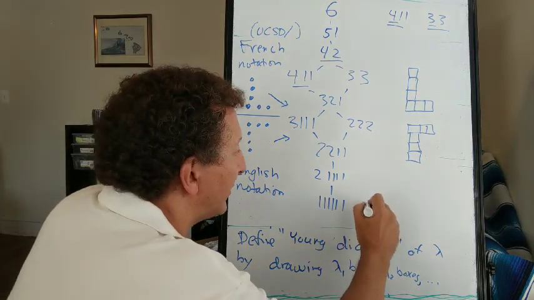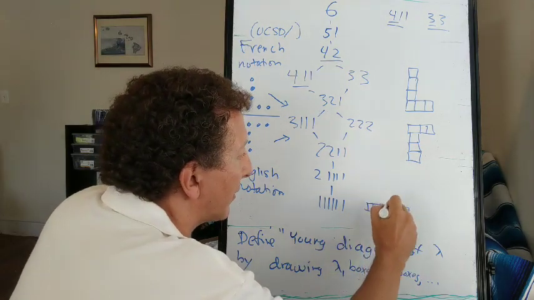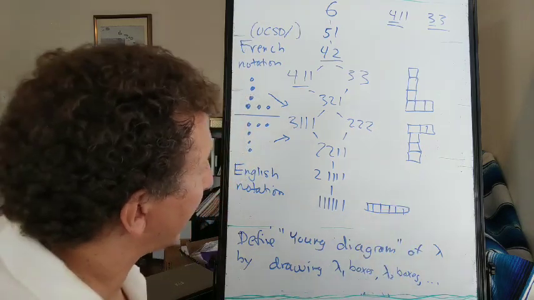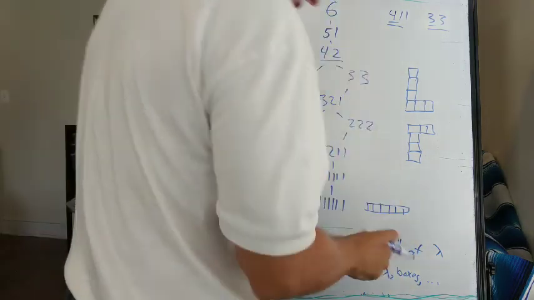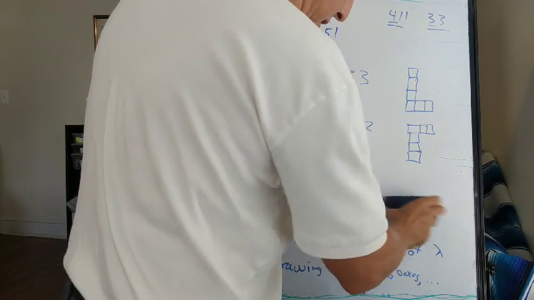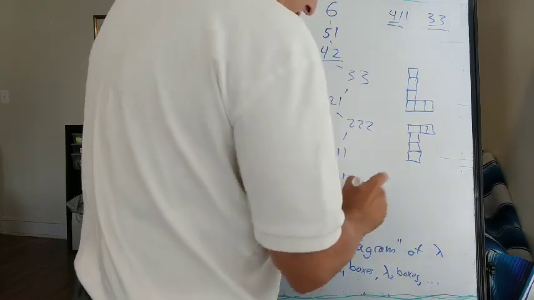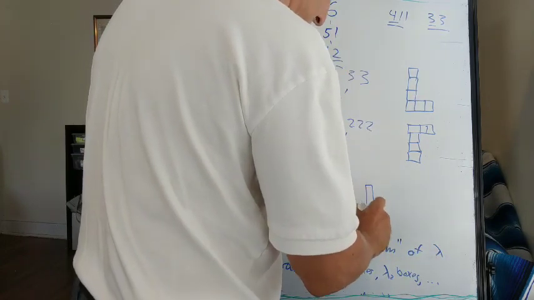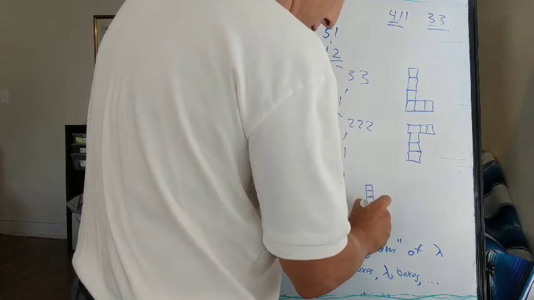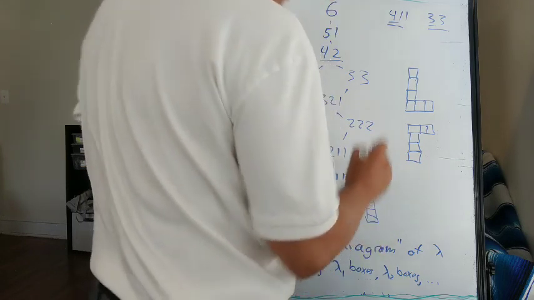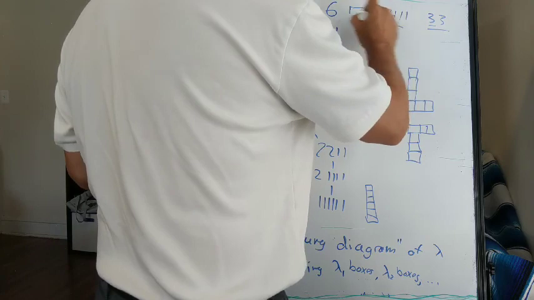So 6 ones looks like that in a Young diagram, and 6, I'm sorry, that's 6. 6 ones would be vertical. 1, 1, 1, 1, 1, 1. And then 6 is horizontal.